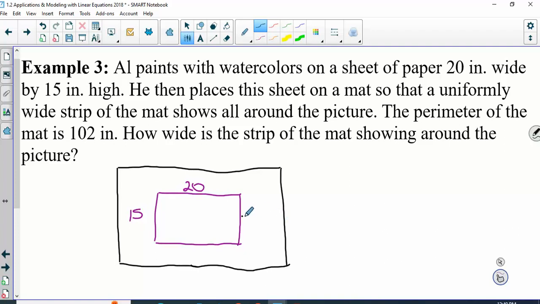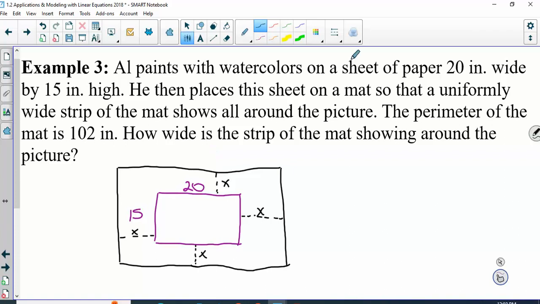So we could call that X. But I know it's uniform, so it's the same in all of these. The perimeter of the mat, the outside piece, is 102. So I need the dimensions for the outside to add up.